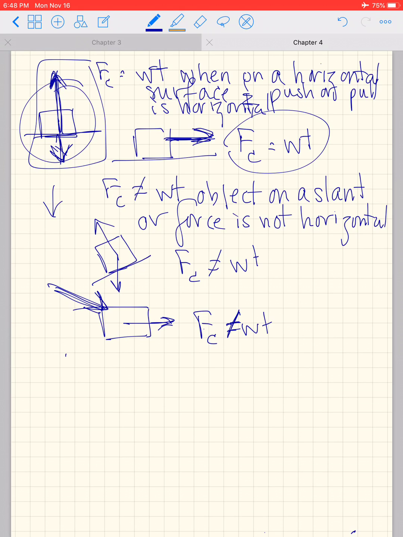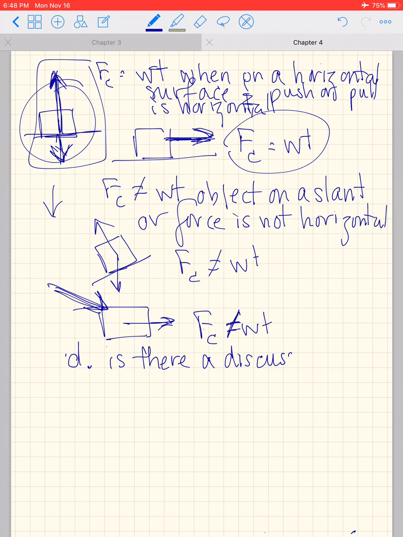And then also, is there force of contact, which we've defined the circumstances where there is force of contact. And then finally, my fourth question, and we won't get to this until later, but I want you to ask this every time so you get into the habit of asking it. The last question is, is there a discussion of friction?